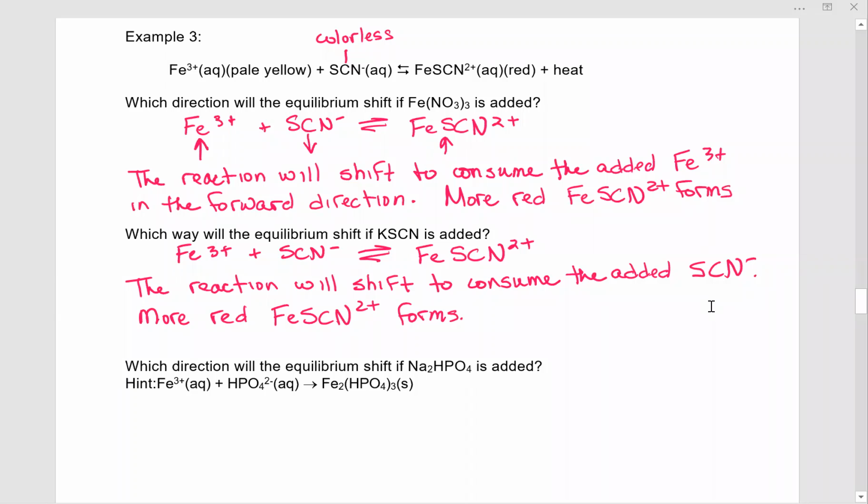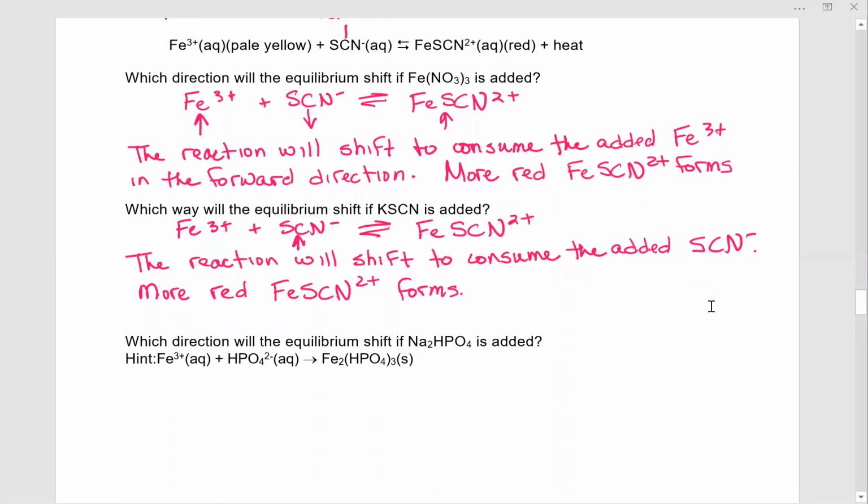I've rewritten the equation. So we have the iron 3+ plus the thiocyanate. In this case, we've added SCN-. So let me put a little arrow underneath here. This means the reaction will shift to consume the added thiocyanate, and again, more red iron thiocyanate forms.